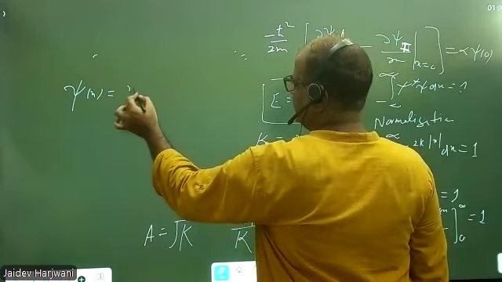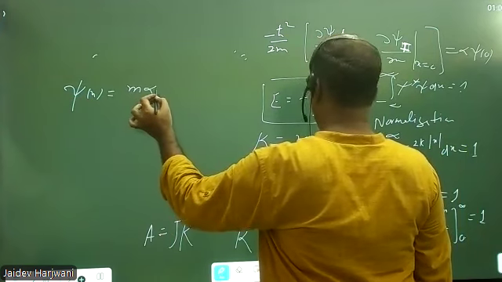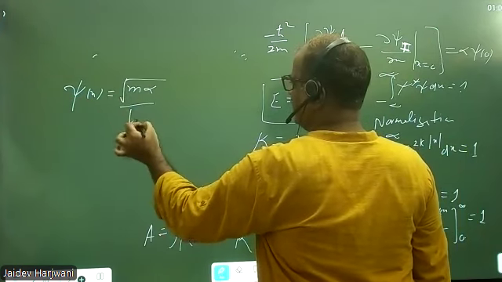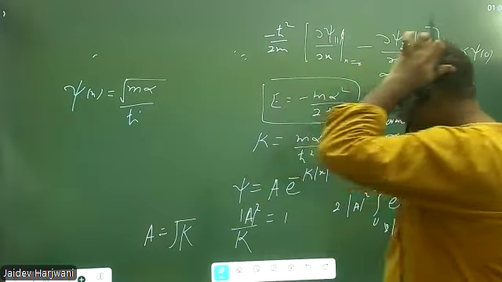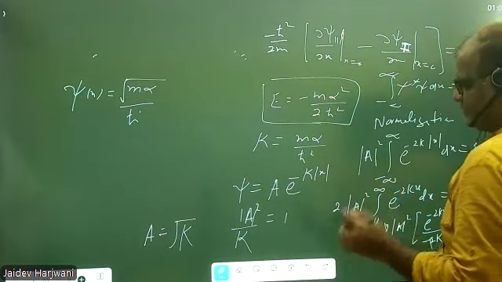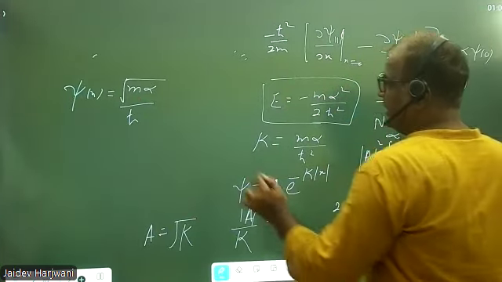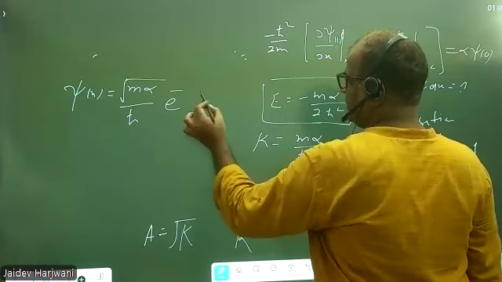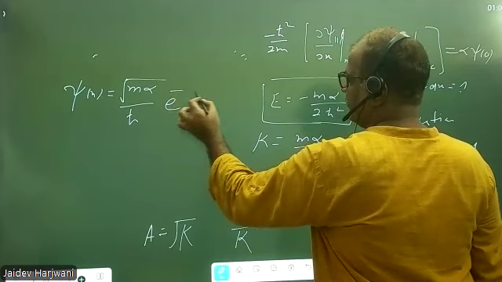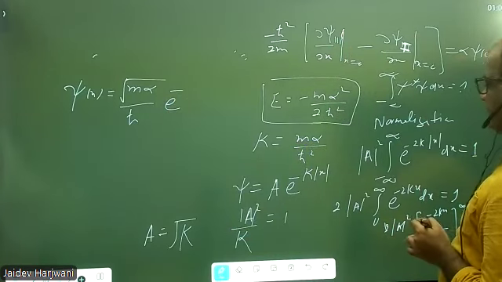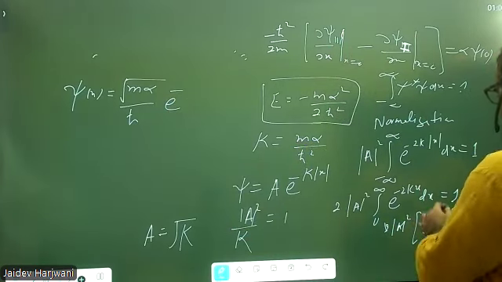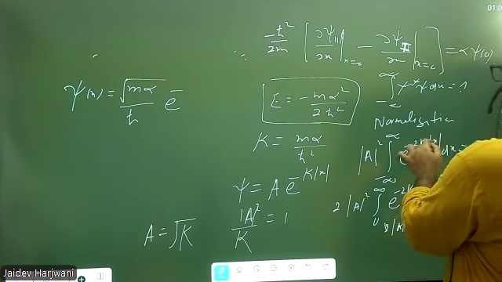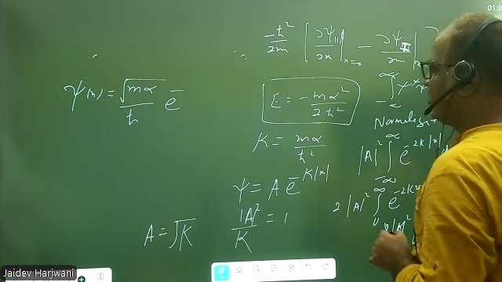So my wave function becomes root of m alpha upon h cut square, and e power minus kappa mod x.